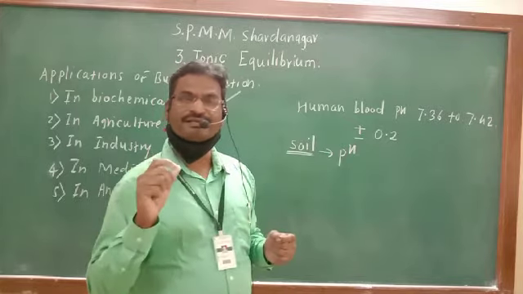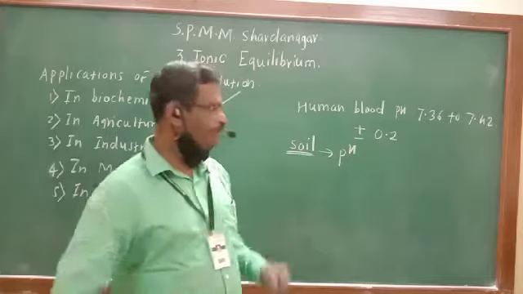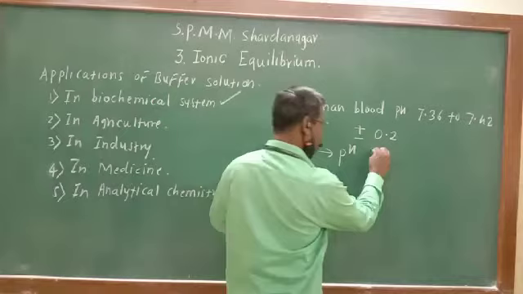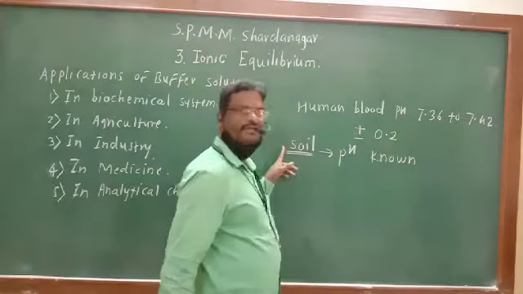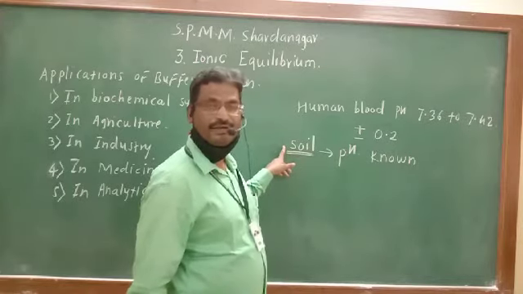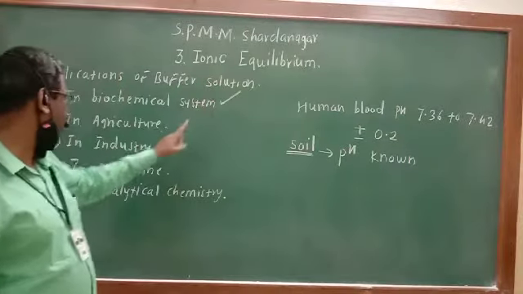Specific types of fertilizers are given because the pH of the soil is known. So if pH is known or measured experimentally, it can be maintained to be constant by the addition of buffer solutions.